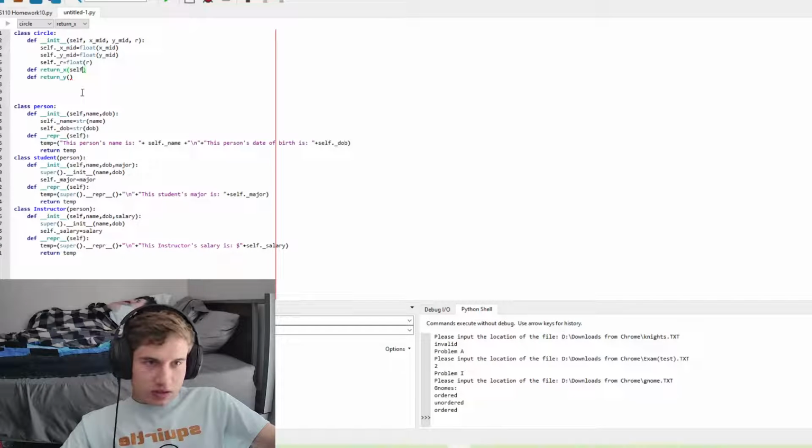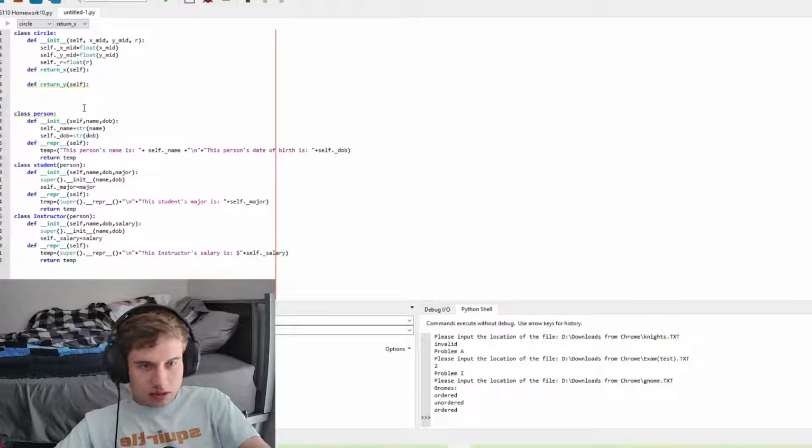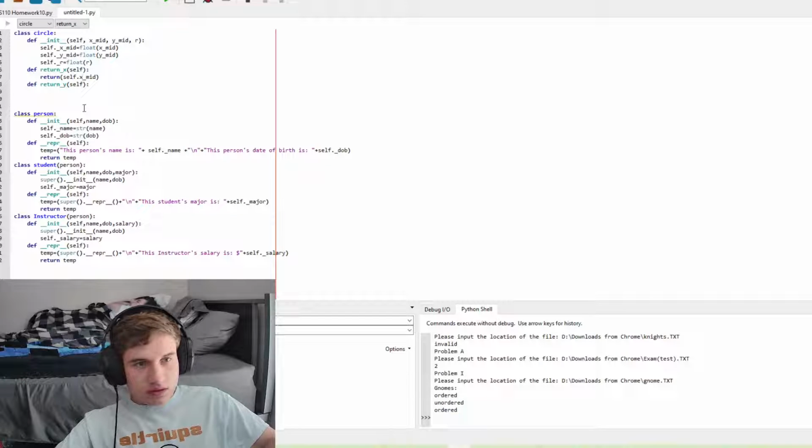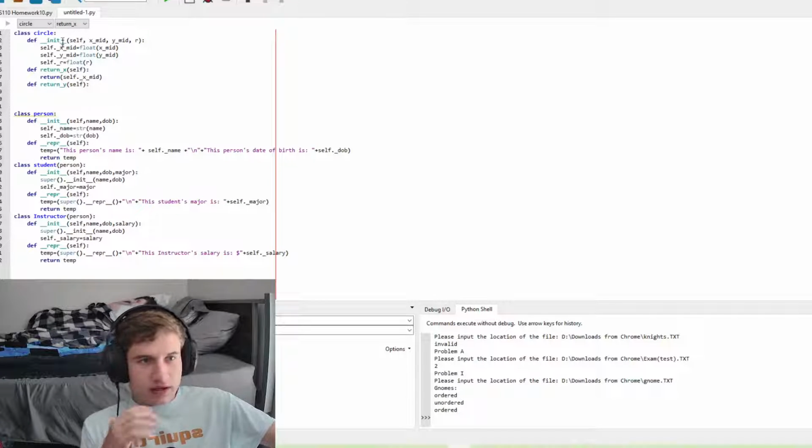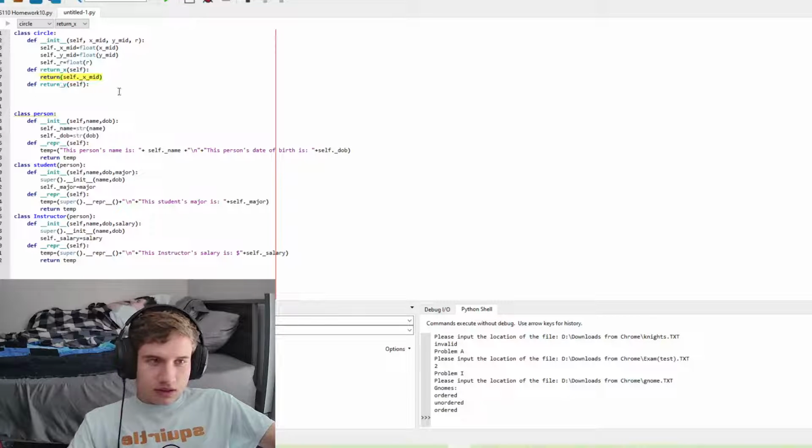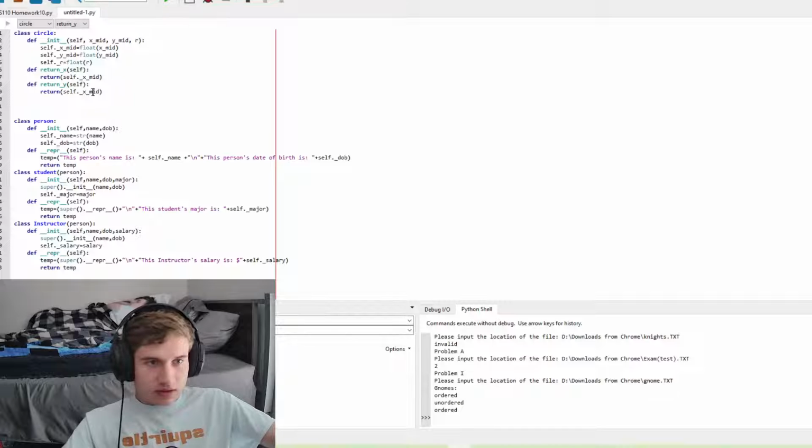I might just need self and two colons, and then down here I'm going to do return self.x_. So all this is supposed to do is whenever I ask class 2, it's just going to return the midpoint, like the x coordinate of the midpoint. That should do the same.